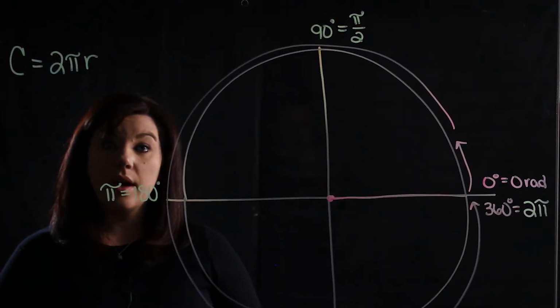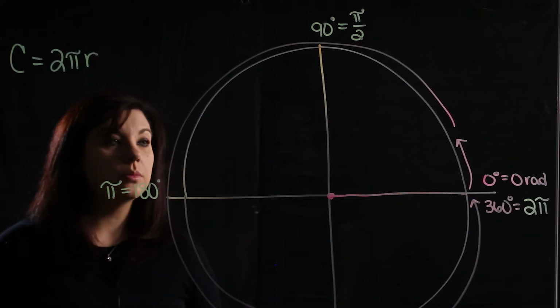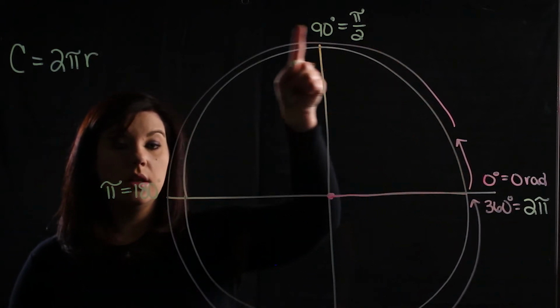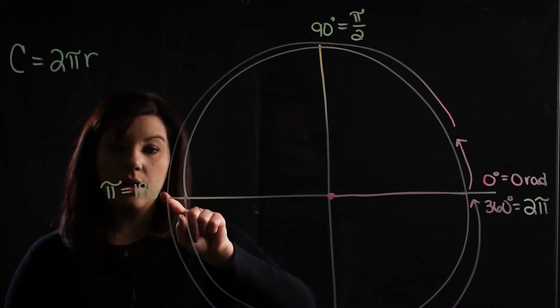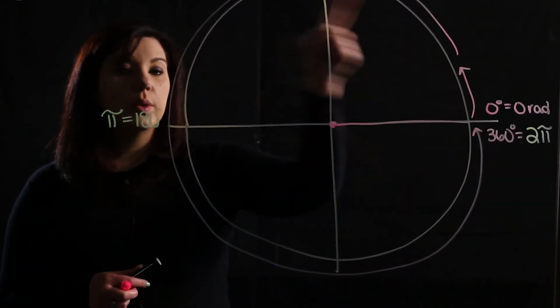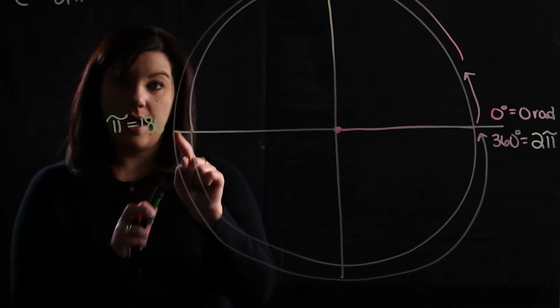We can also label a couple more important things just by using this idea of fractions. So let's say that I'm starting at 0, moving counterclockwise. So here's pi. What would this angle be? Okay, so it's pi plus another half of pi.